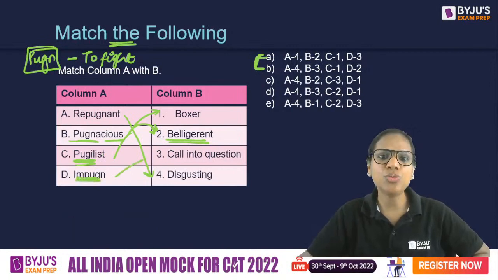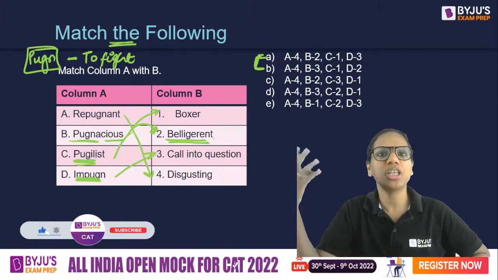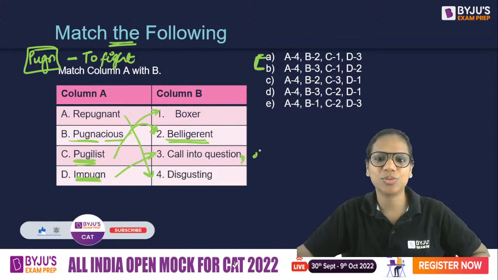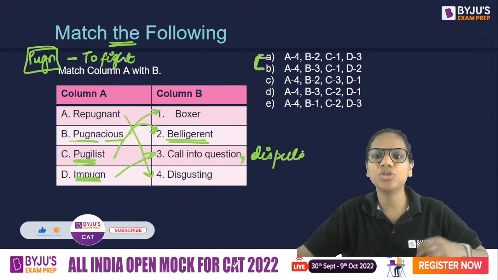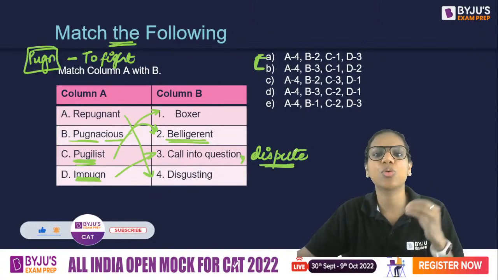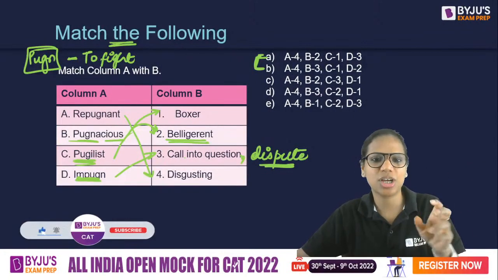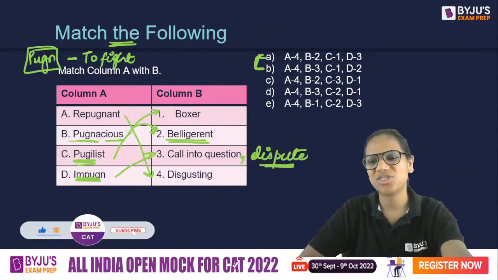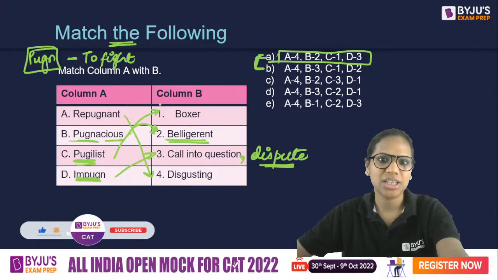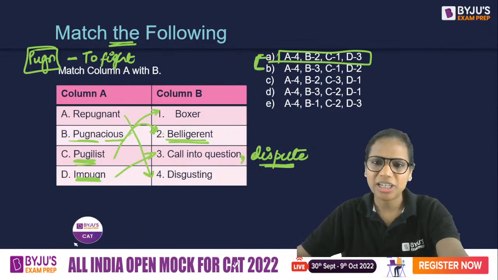Impugn. When you impugn, let's say, someone's honesty, you are calling their honesty into question. You are disputing their honesty in a way. Normally we impugn the truth of a statement, the honesty of a person, the quality, the integrity, etc. So impugn is to call into question, to dispute. So what is our answer going to be? Option A. B is to belligerent.